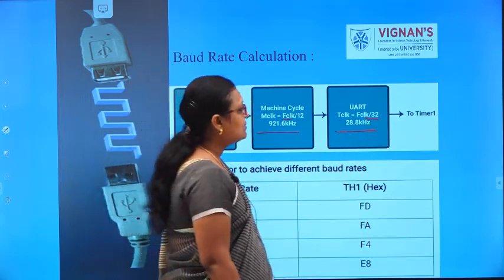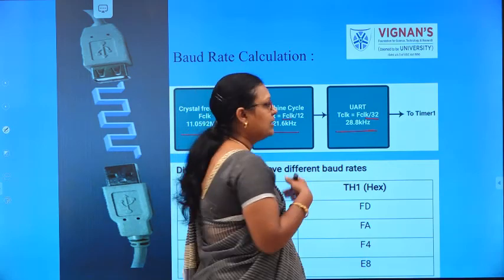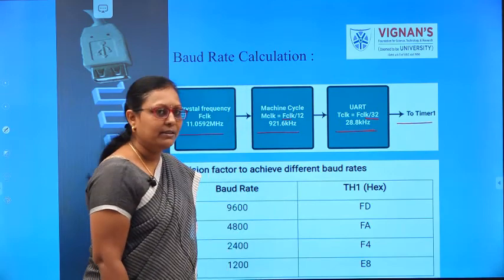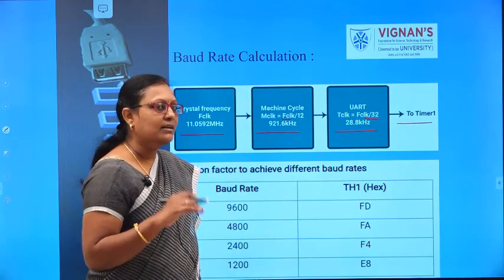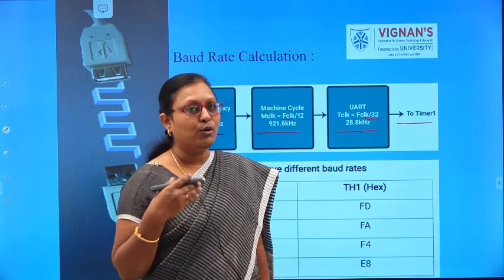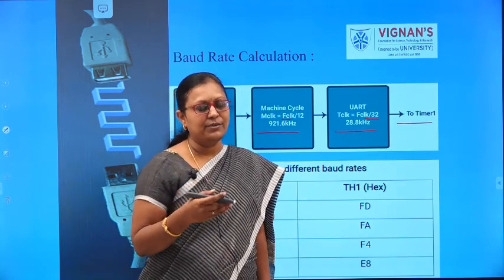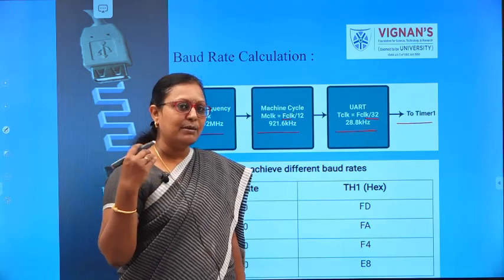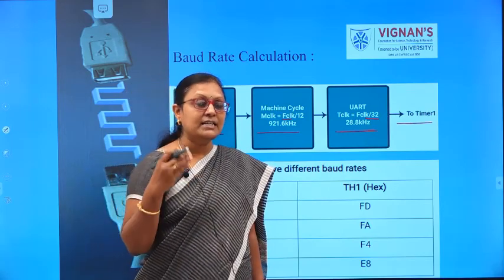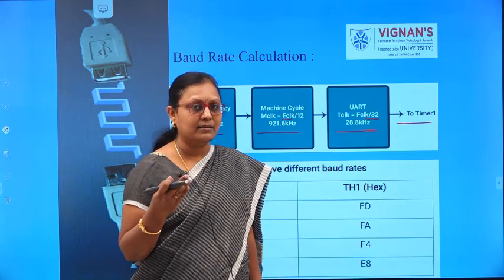Clear? So this frequency which has been generated will be transferred to the timer, to be used by timer 1. Generally in the timers, we have the timer overflow flag. We have discussed that in the previous session, right? This timer overflow flag will be set for every 3 cycles in the timer.